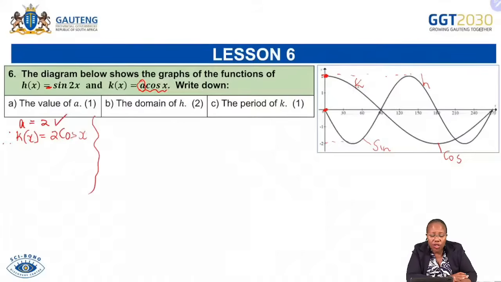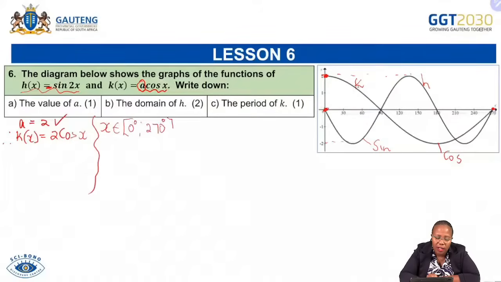And then what is the domain of h? The domain is the x values that lie on h graph. h graph is a sine graph, okay? h graph is a sine graph. So this sine graph starts from 0 and ends up at 270. That is the domain for this graph. So our domain now will be x is an element of starting from 0 degrees and ending at 270 degrees.